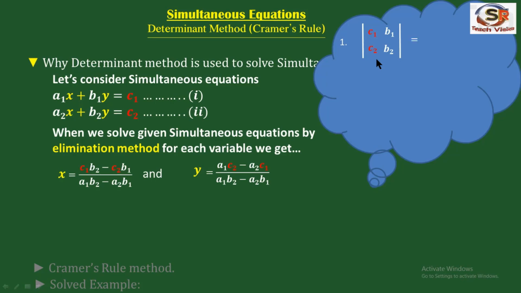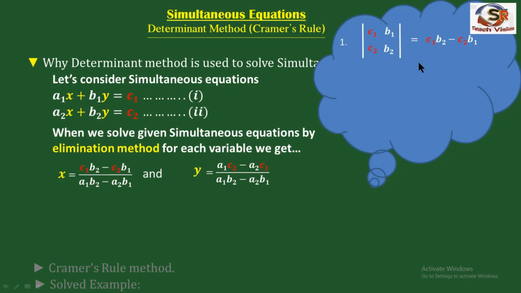Then the value of this determinant is equal to the first diagonally positive product, which is c1b2, and another is a negative diagonally product, which is c2b1.